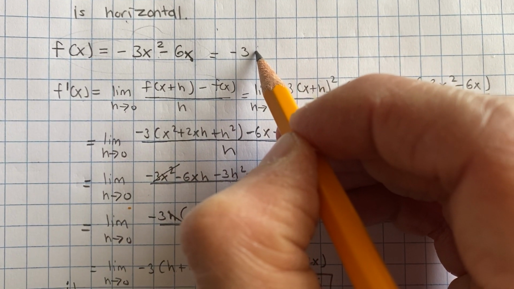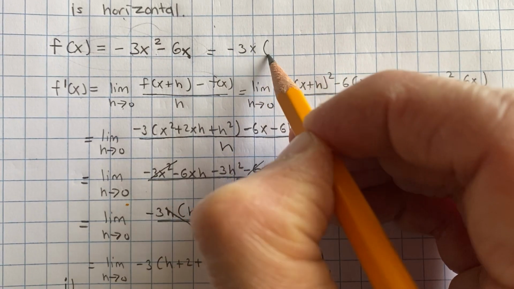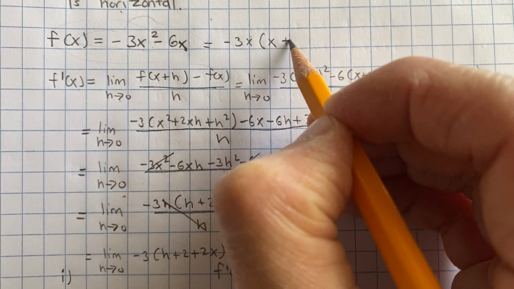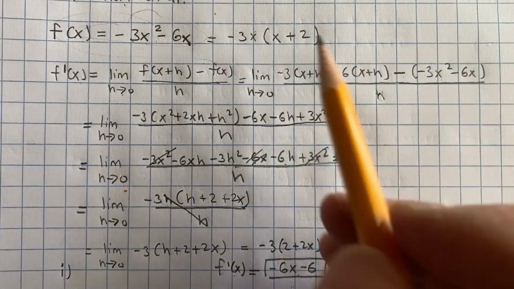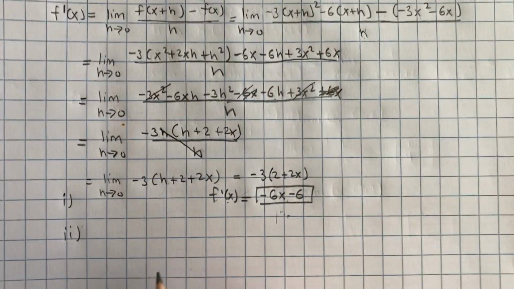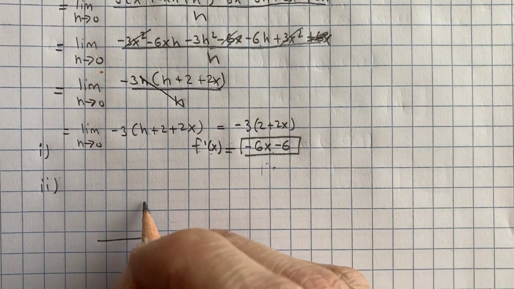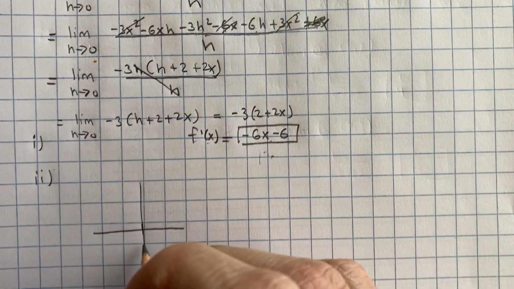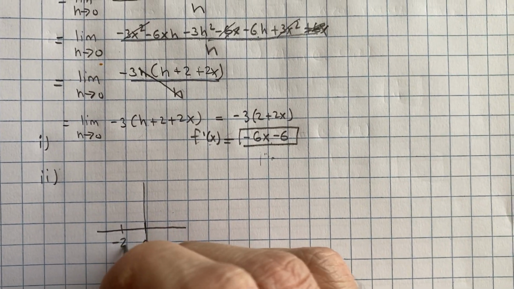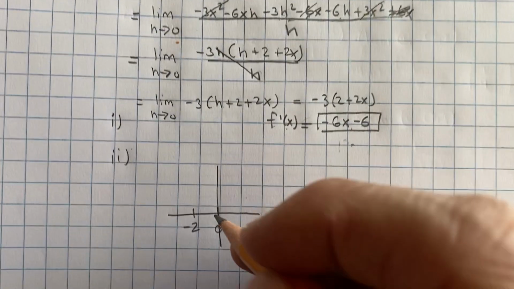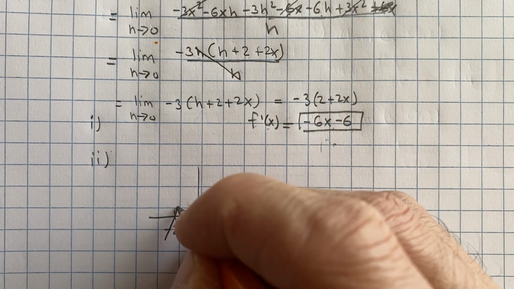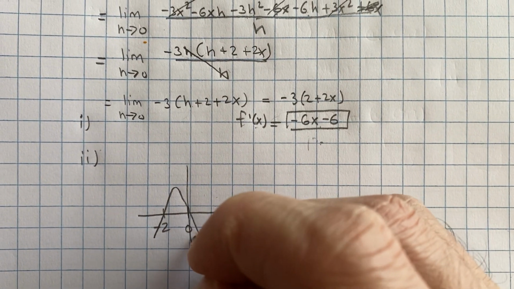If I factor out negative 3x over here, I'm going to get x plus 2, right? So the x-intercepts are 0 and negative 2. So just a quick sketch. You don't have to be super precise. Here's 0, here's negative 2. I know the parabola is going to go down. And if you really want to, you could use the vertex formula, but it's not necessary.